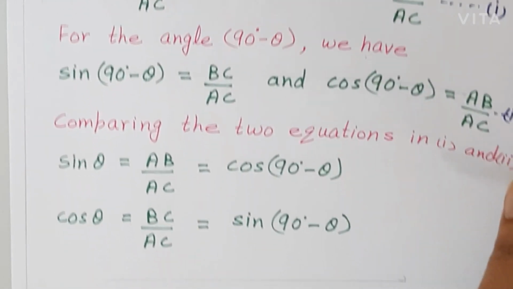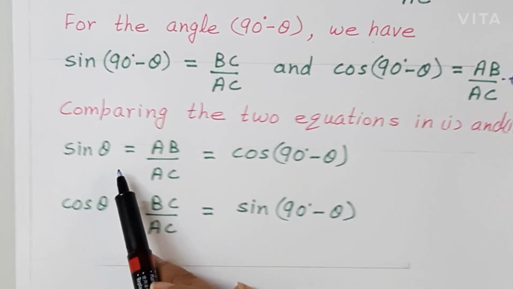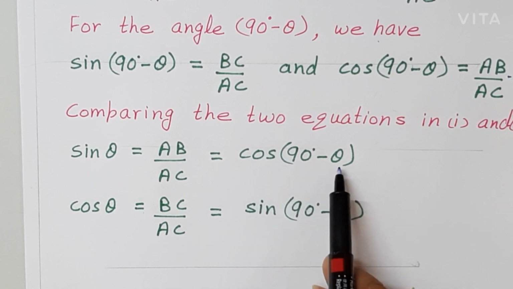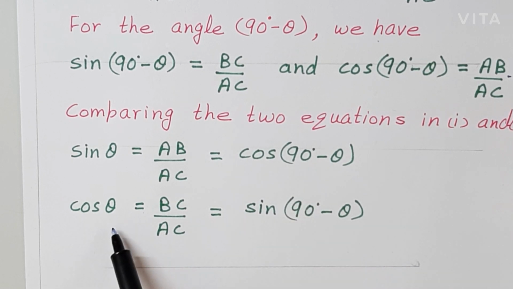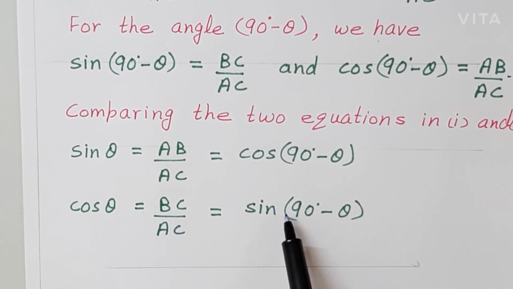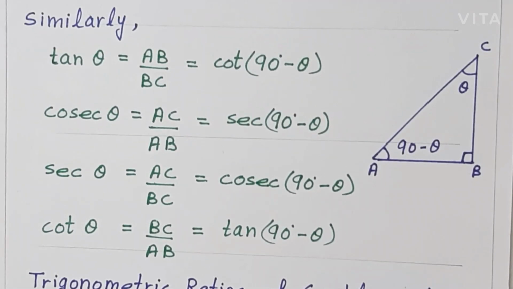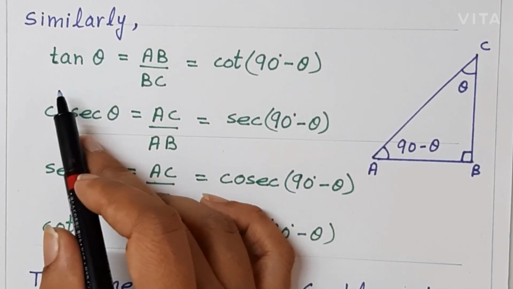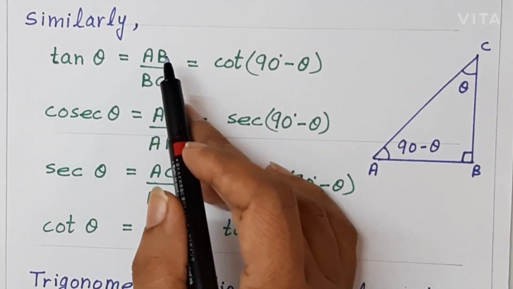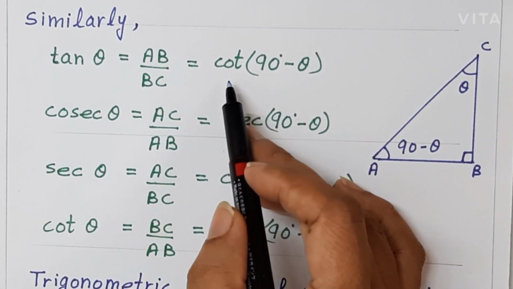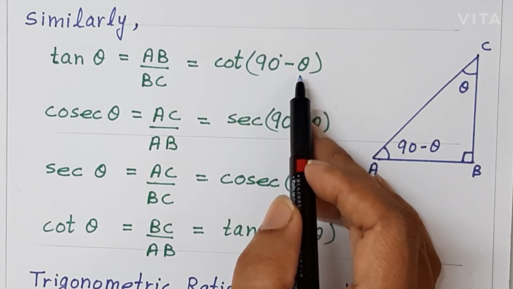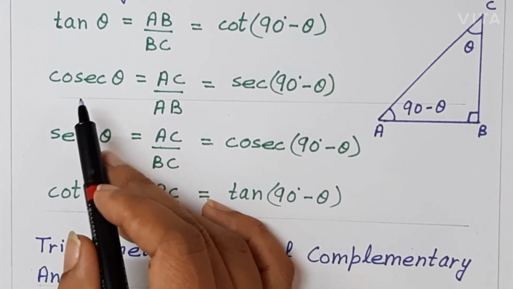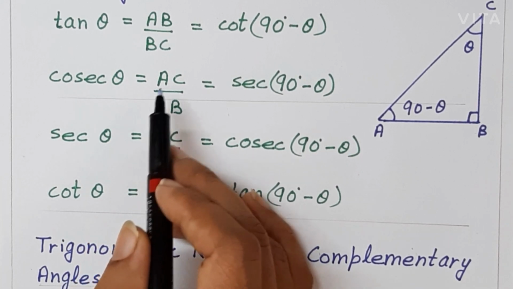So, comparing the two, sin theta is equal to cos 90 minus theta because both are equal. Similarly, cos theta is also equal to sin 90 minus theta as they are both equal. Similarly, tangent theta is equal to AB upon BC, that is equal to cot 90 minus theta. Is it clear?